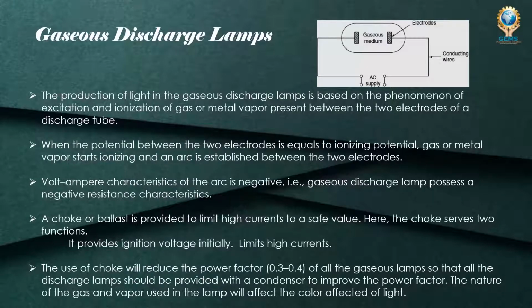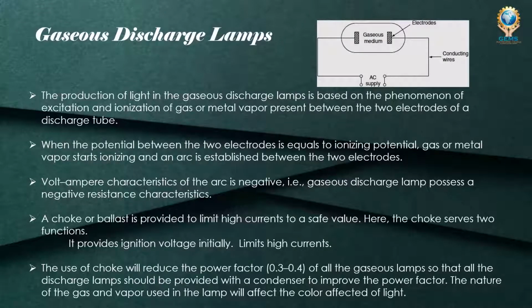The VI characteristic of the arc is negative, so the gaseous discharge lamp has negative resistance characteristics, which means the resistance will decrease. If resistance is reduced, what will happen? The current will increase.